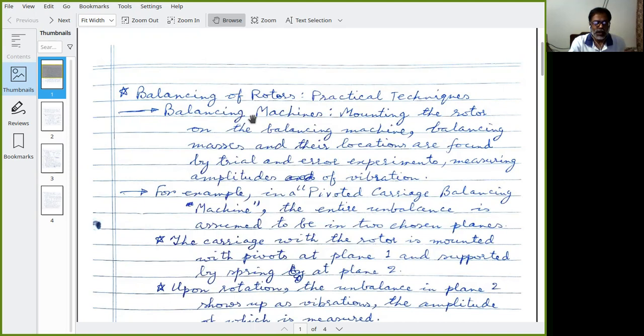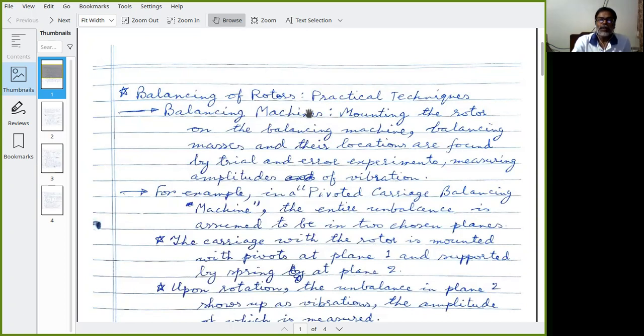Basically, we will put balancing masses in such a manner that the thing gets balanced. And after that, what was the unbalance? In principle, we can determine the equivalent unbalance, but its purpose is already served. So there are two ways of doing the task. One is by using balancing machines.